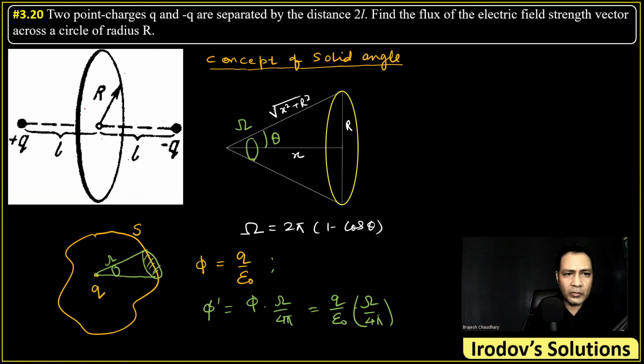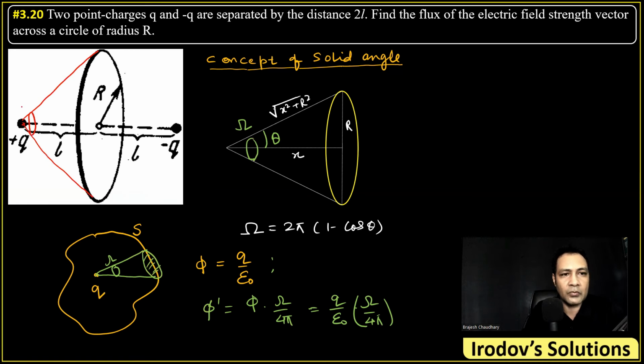So here, we'll find the flux first when minus q was not there, and then when plus q was not there, find the flux because of the minus q, and add the two fluxes. All the points of this ring make some solid angle omega at the location of the point charge plus q.